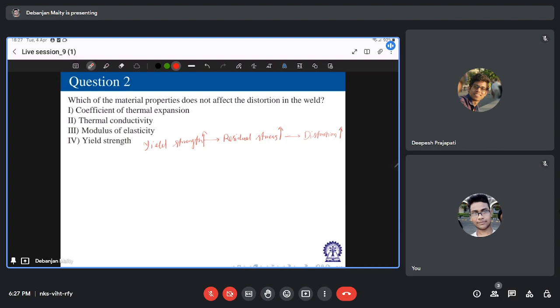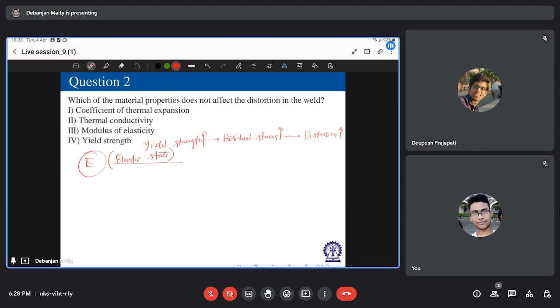Then what will happen in terms of modulus of elasticity, E? So what is modulus of elasticity? Just think it up from scratch. It is a measure of stiffness of a material, right? So it basically tells you the ability to expand or contract without plastic deformation. This is an elastic state, right? So it always tells you how much it can expand or contract without plastic deformation.